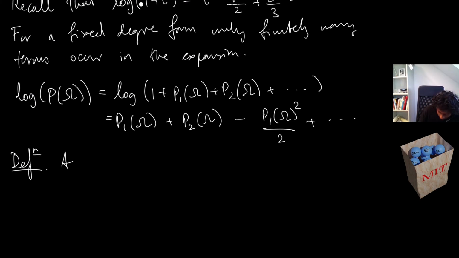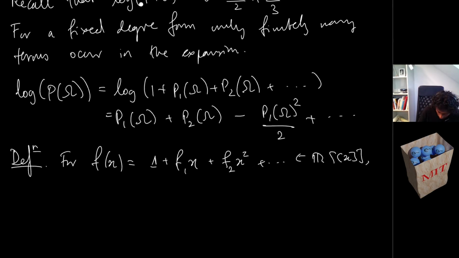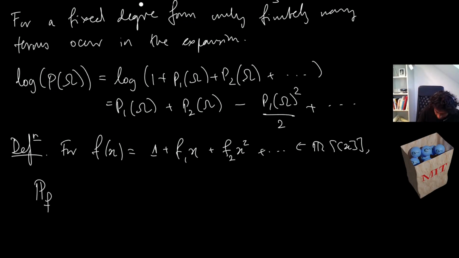So again, for f of x being a formal power series, f1 x, f2 x squared, we define P_f of omega as taking the exponential now of f applied to the log of P omega as we've just written it out.